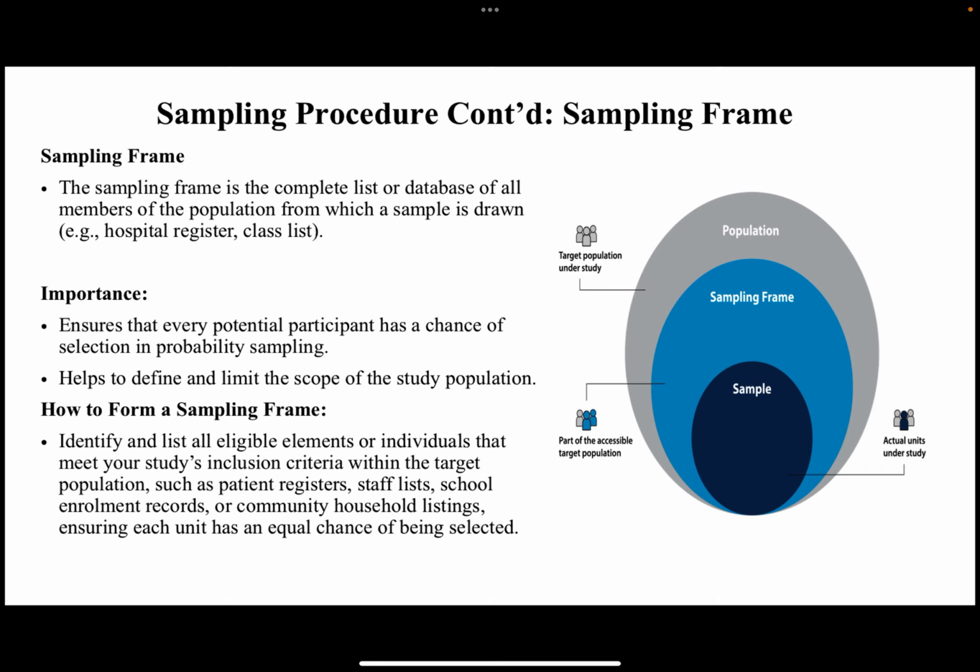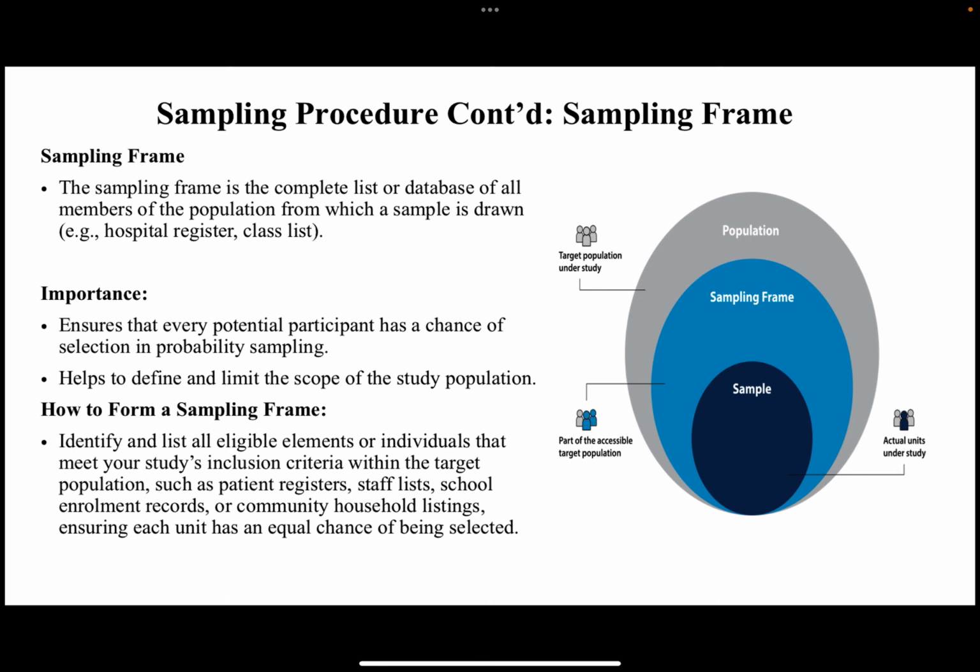An example can be a hospital patients register. That is an example of a sampling frame. A sampling frame is a complete list or a database of all the members of the population from which you draw your sample. That complete list of all the members within your population is what we call a sampling frame.